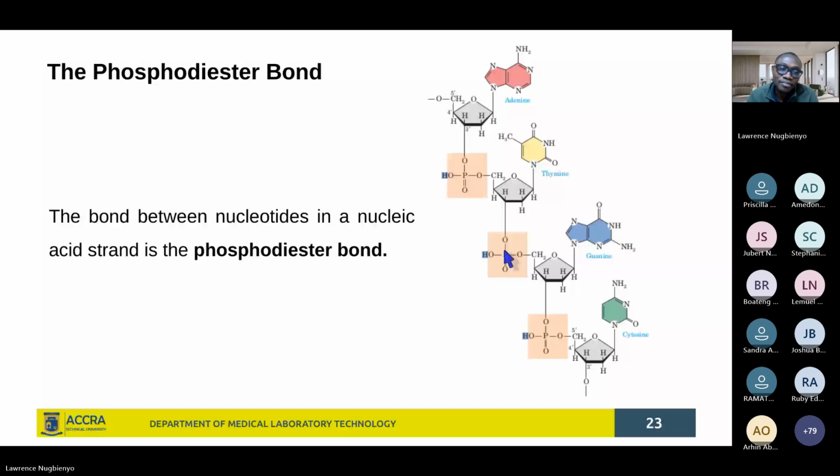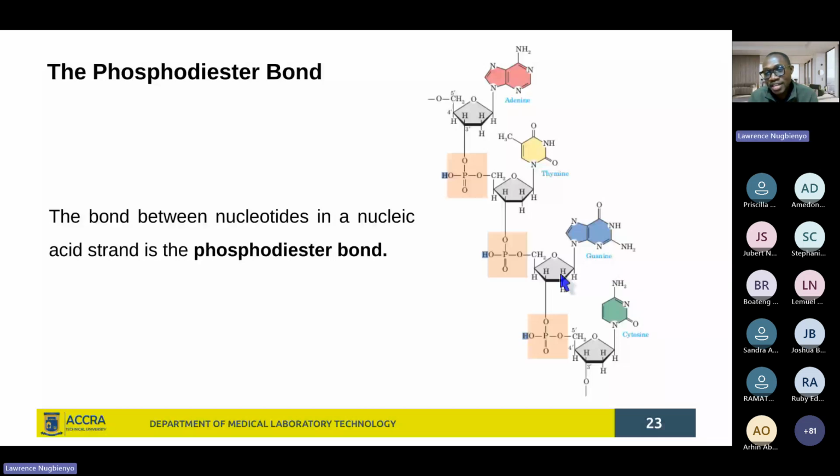Phosphodiester bond. Now, another thing that I want to draw your attention to is the fact that when you write the fragment of a nucleic acid with the letters of the bases in the nucleotides, for instance, if you take this fragment on your screen now, and we write the fragment just using the first letter of the name of the bases in the nucleotides from the top coming down, we will say A for adenine, T for thymine, G for guanine, and C for cytosine.